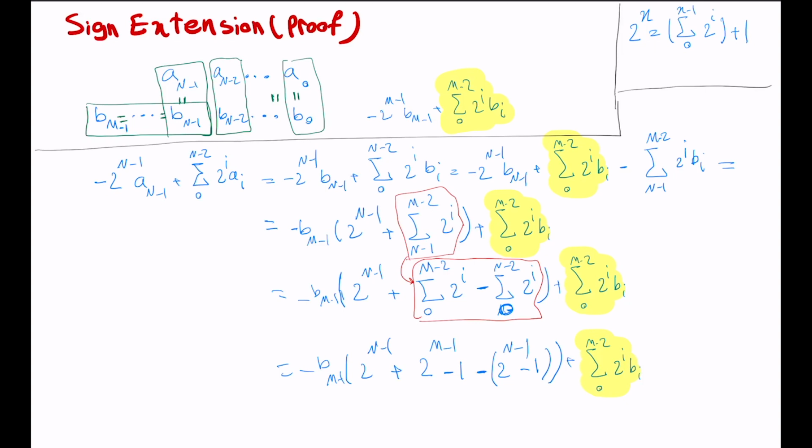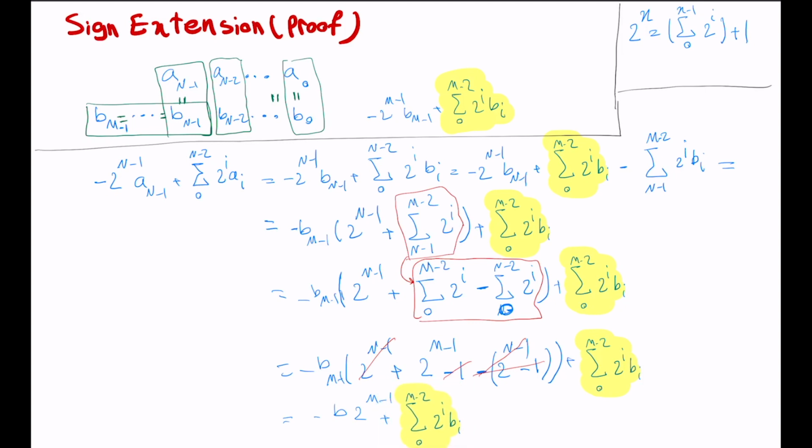So now things work rather well, because if you look at it, this 2 to the n minus 1 gets cancelled with this minus 2 to the n minus 1, and this minus 1 gets cancelled with this minus minus 1, and you are left with 2 to the n minus 1.